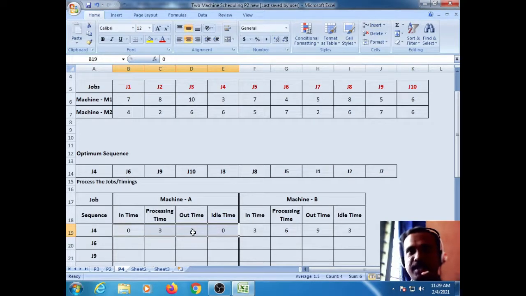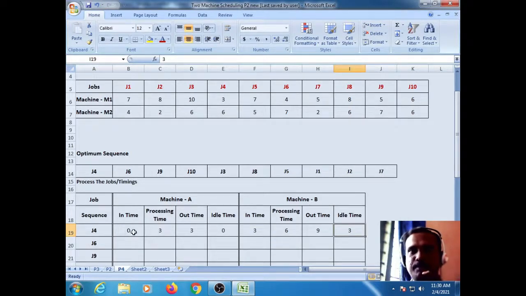That means machine A took the 3 hours, so machine B waited for the job. After 3 hours only machine B will get the work. So the 3 hours are the idle time for machine B.